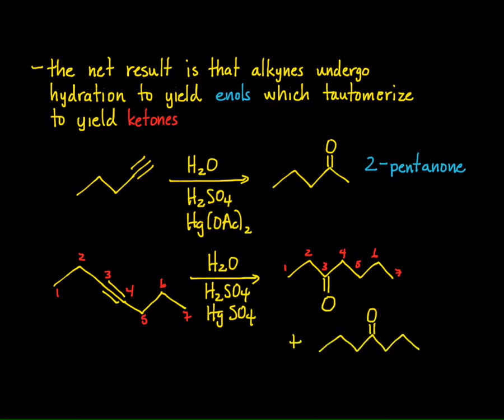So I get another ketone in this case where the carbonyl has added to carbon number 4. And so I would get a mixture of products, and this typically is not favorable, and therefore we tend to avoid those types of problems. But recognize that if you're given an unsymmetrical alkyne, you will get both ketones forming.